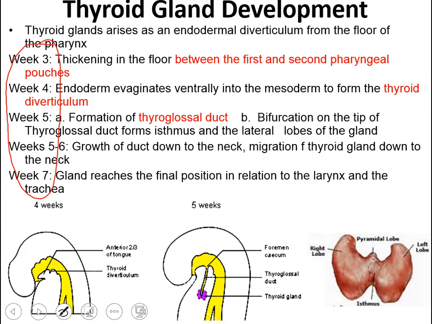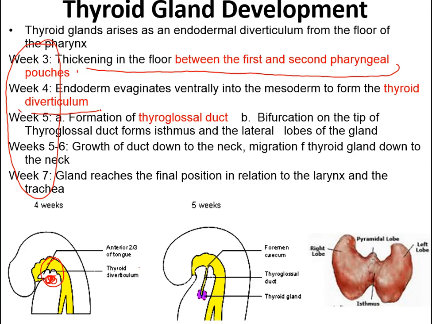During the third week of embryonic development, a thickening forms in the floor of the primordial pharynx between the first and second pharyngeal pouches. This thickened region of endoderm invaginates ventrally into the surrounding splanchnic mesoderm to form the thyroid primordium.